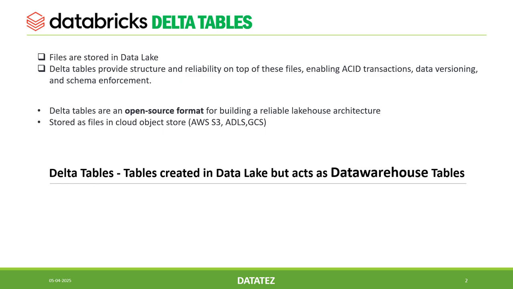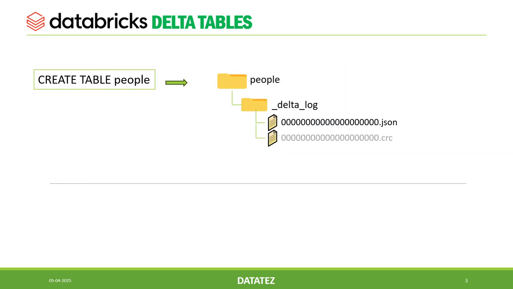How is it done? Let us have a quick look at some very basic information. When you execute a create table statement, behind the scenes on the file storage, the object store of the cloud, a folder will be created with the name of the table as you see here.